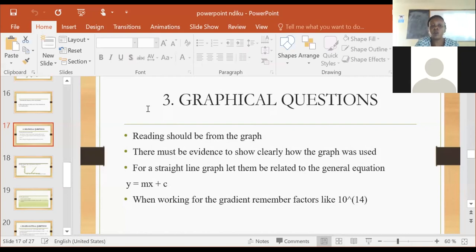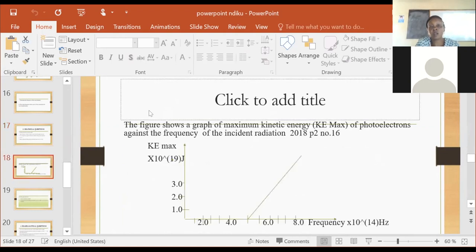Then when we are working out the gradient, it's good to note that we have to remember some of the factors which might be written on the axis, like 10 power 14. We have this example on photoelectric. This is a question which was there in 2018.